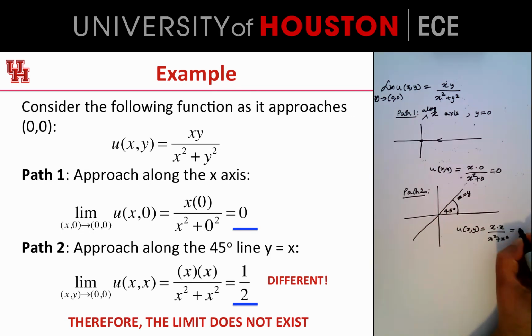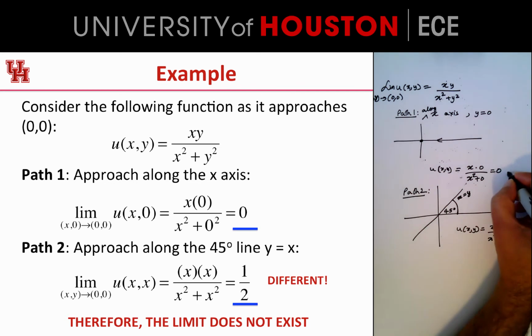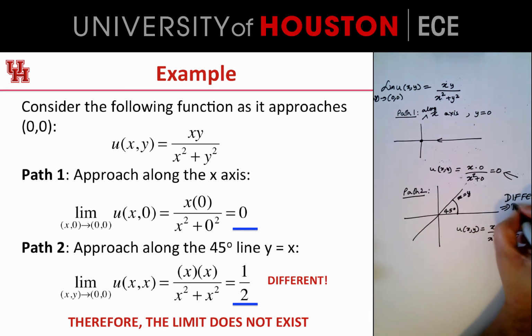So this is basically half: x squared divided by 2x squared is half. Now, the problem is that this number and this number are different, so the limit does not exist.